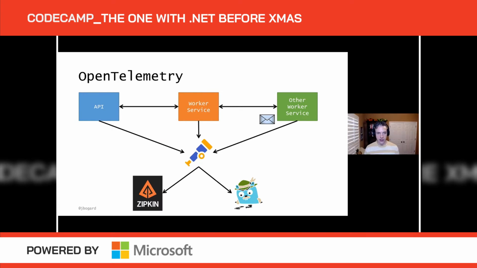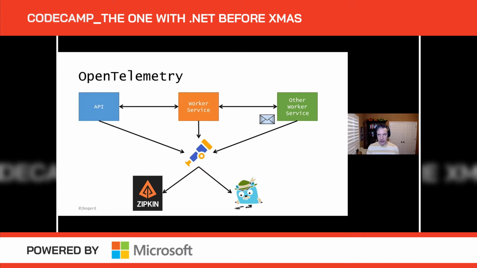OpenTelemetry is a joint open source effort between a lot of the folks that build these sort of tools, like the Jaegers, the Zipkins, the App Insights of the world, banding together and saying, instead of us constantly having to build new packages for all these different kinds of things out there, what if we can agree on a common standard of the different primitives in the observability world and the ways you can report on them?